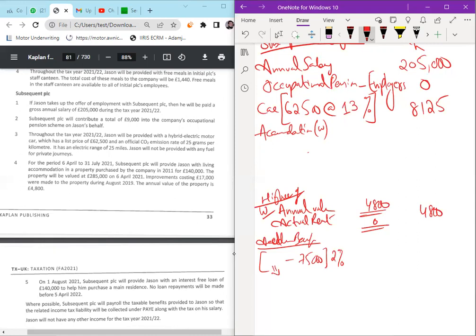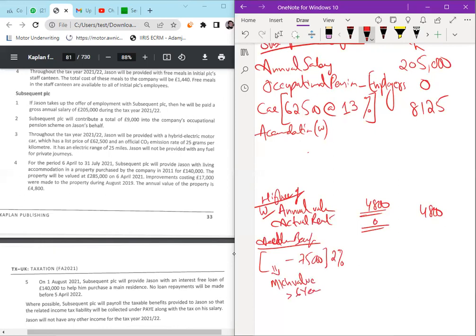If the accommodation is past 6 years, then we are taking market value, or if less than 6 years, we are using cost. You can see the company bought it in 2011 and provided to this guy in April 21. So it's more than 6 years.